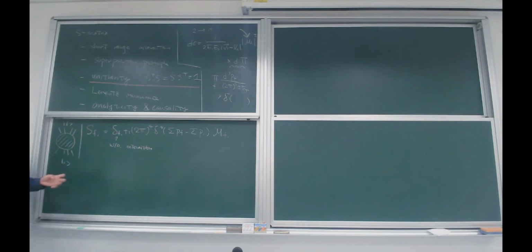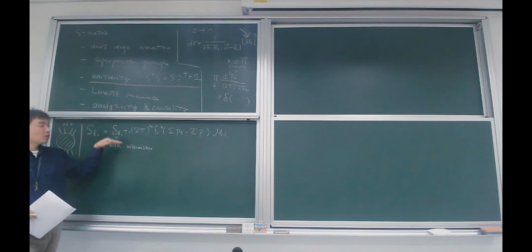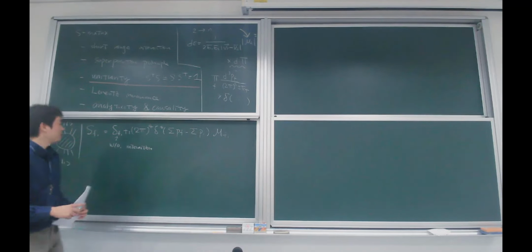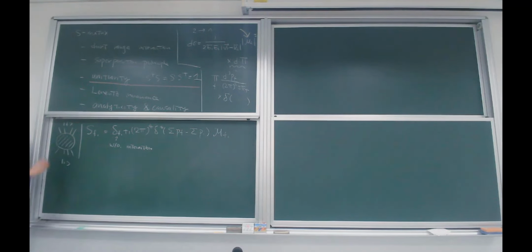We are considering some interaction from initial state I to final state F, but sometimes there's no interaction, so the initial and final states are the same. We just exclude such a possibility. The most interesting part is the interaction in between, from the past infinity to future infinity.